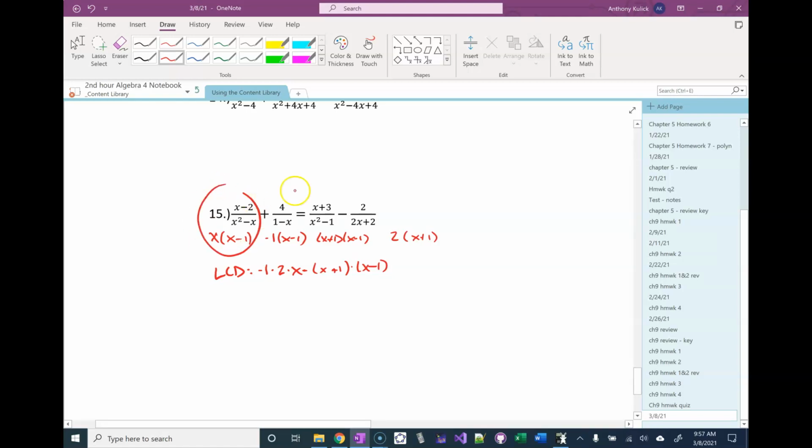So I'm going to go ahead and multiply both sides by that least common denominator and then rewrite what I have here.